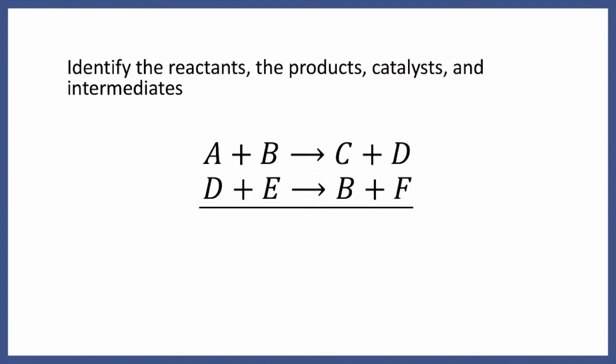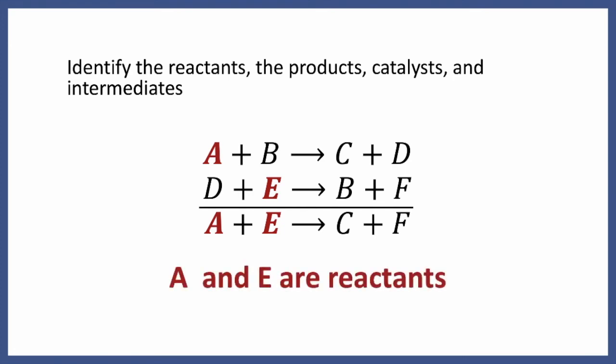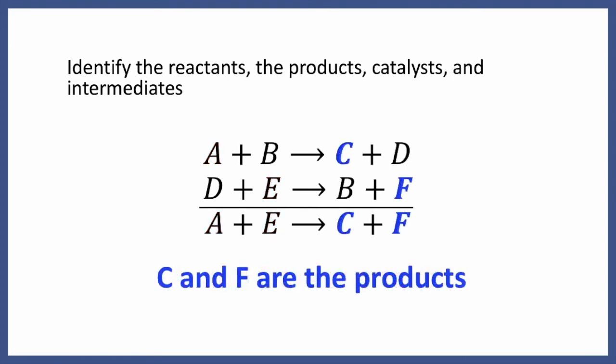Here's another example in which we're asked to identify the reactants, the products, the catalysts, and the intermediates. Now we've added the two top equations up to get our overall equation, and we see that A and E are our reactants, and that C and F are the products.